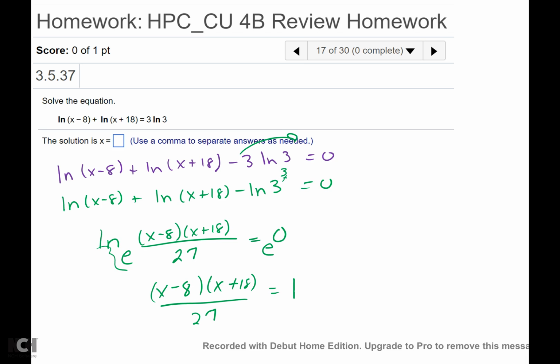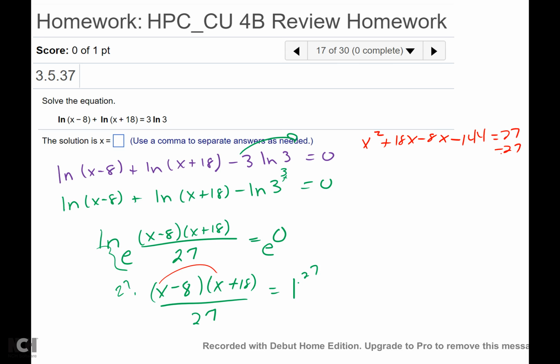So now to solve this, I'm going to multiply both sides by 27, and I'm going to go ahead and FOIL this out. Just to solve this, I'm going to have to do quadratic. So this is going to be x squared plus 18x minus 8x minus 18 times 8 is 144 equals 27.